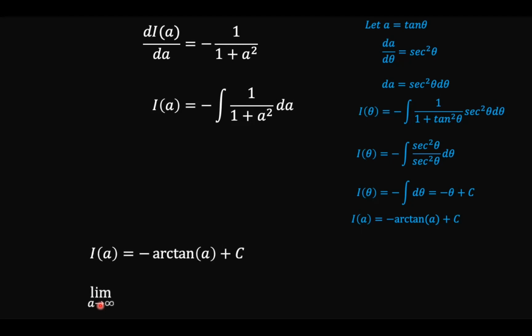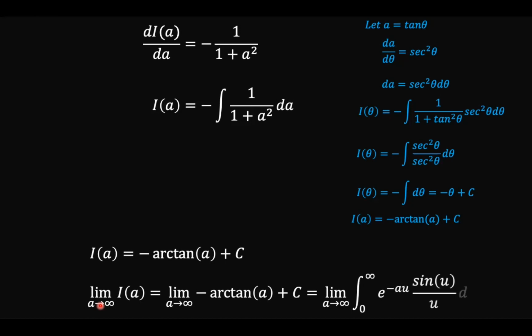And how could we solve for the constant c? As a tends to infinity, I(a) is equal to the limit of negative arctangent of a plus c. When we plug that limit into the original integration, the entire integration goes to 0 because e to the power negative au when a tends to infinity is 0.